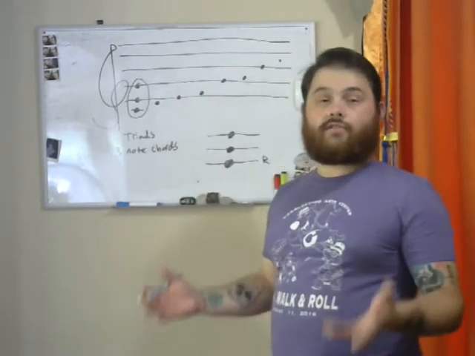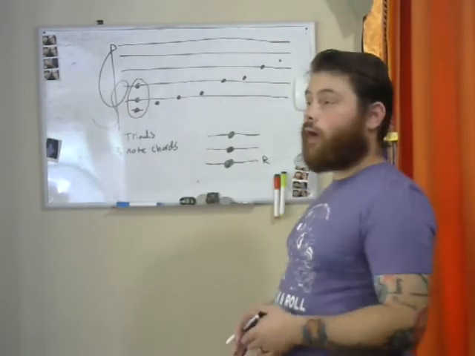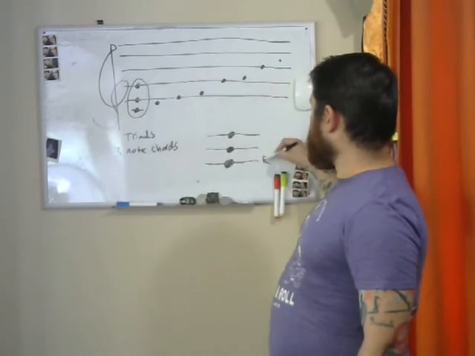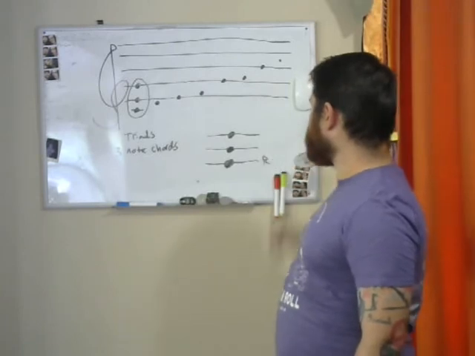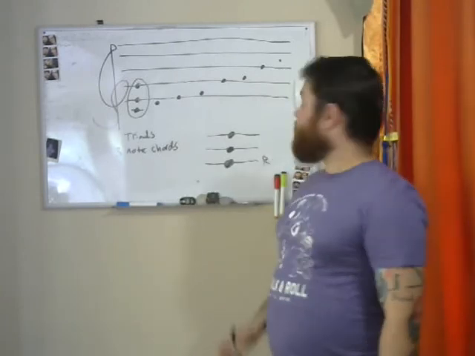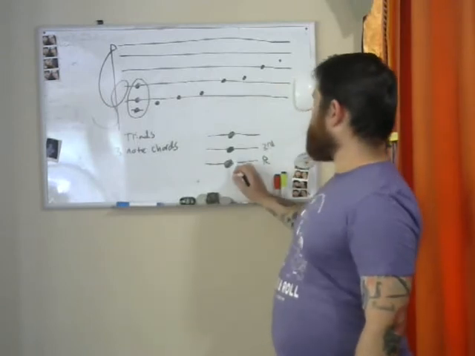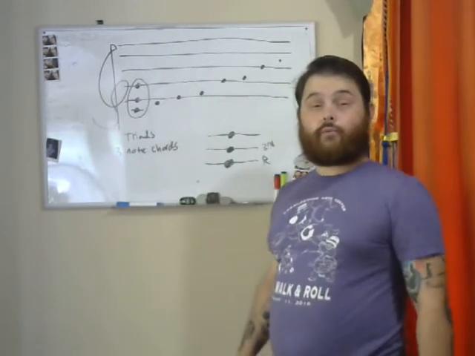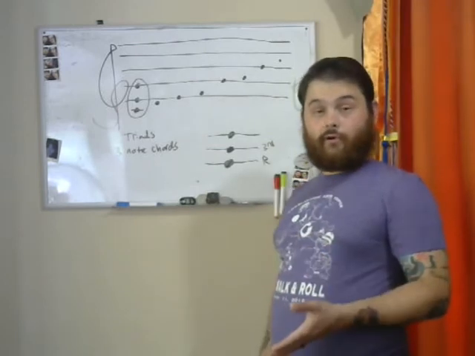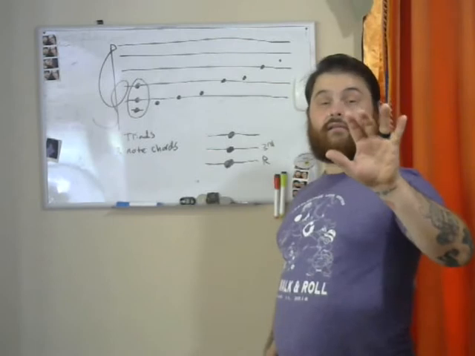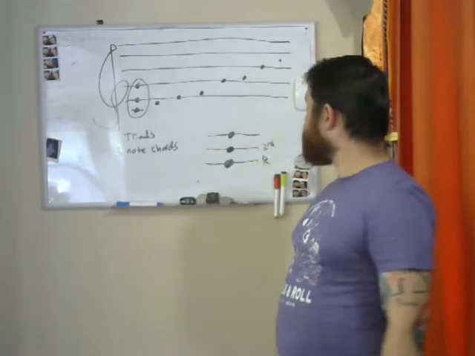And we'll get to other positions that the chords can be in. But for now, all of these are in root position. So the lowest note is going to be your root. Then we have our third, because it is a third away from the root. So E would be our third in a C major chord, because C, D, E. C to E is a third.